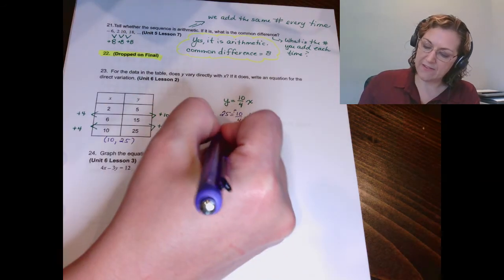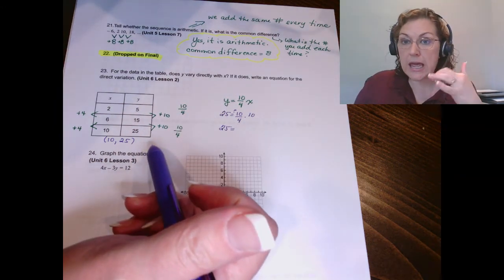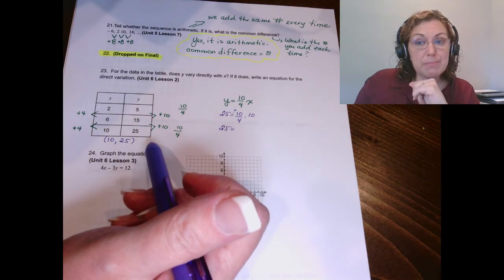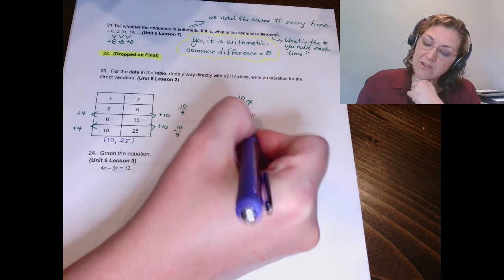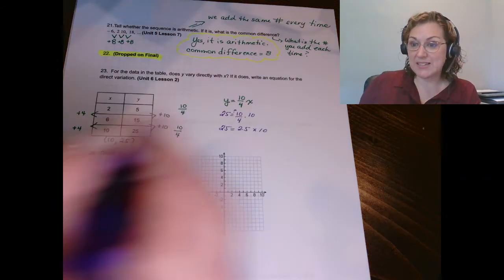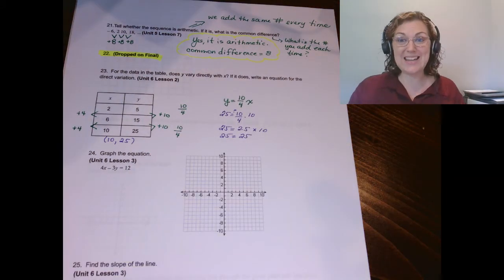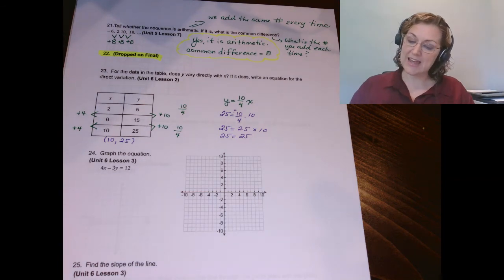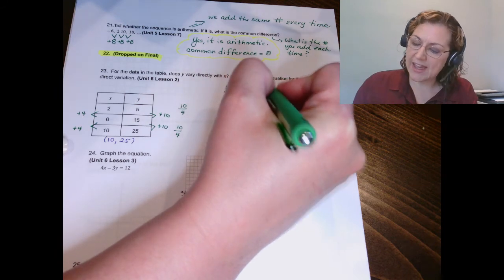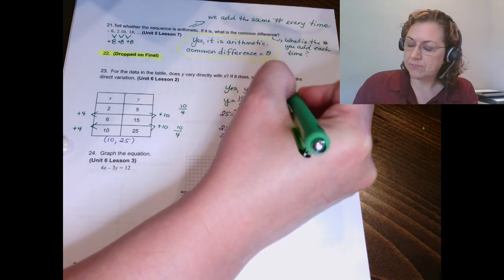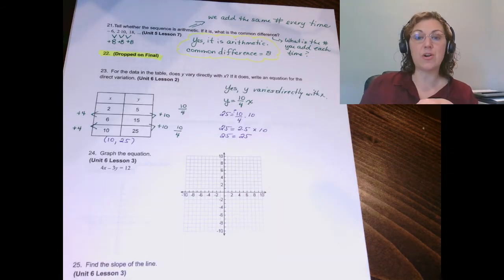So I've got 25 equals, and I would probably put this in my calculator: 10 divided by 4, then multiply by 10. 10 divided by 4 gives 2.5, and then multiplying by 10 gives 25. That tells me that yes, y varies directly with x. And we've already found our equation for that too.